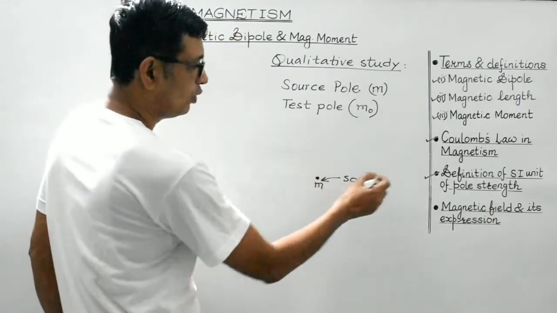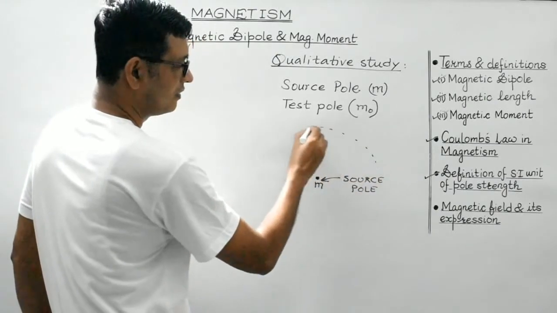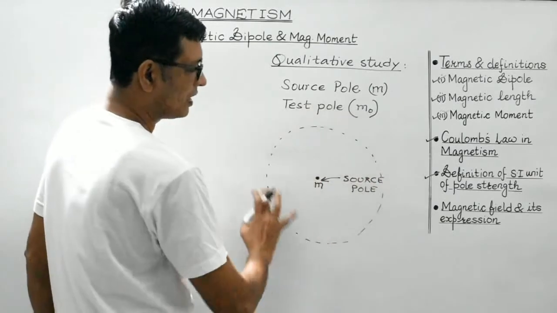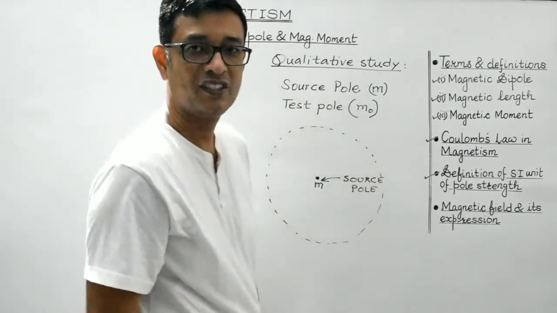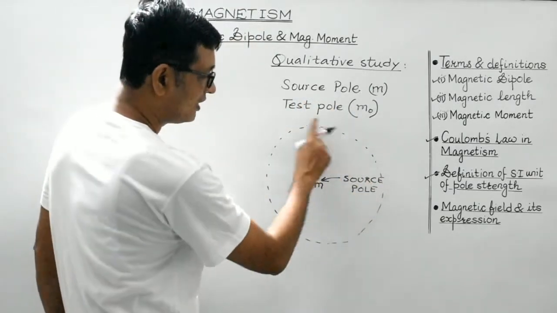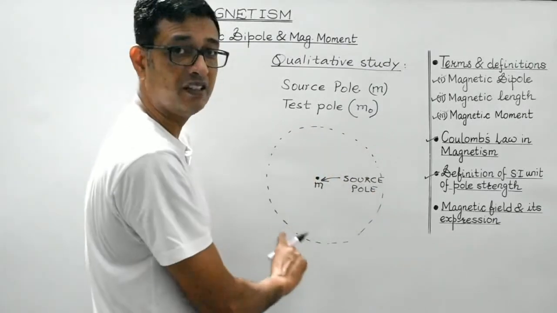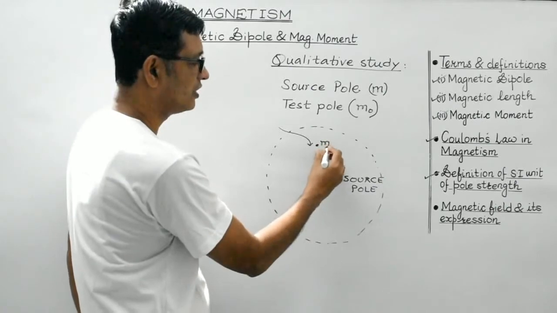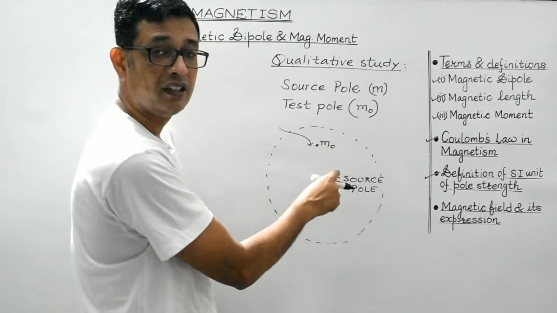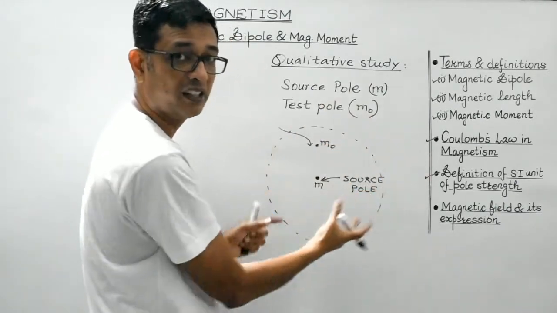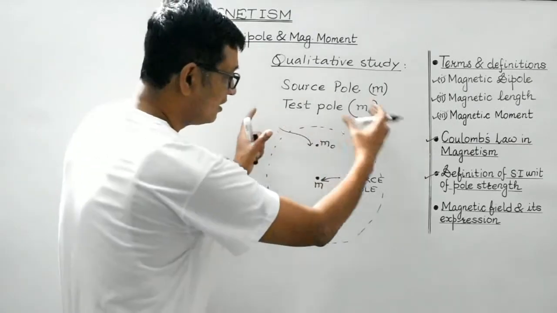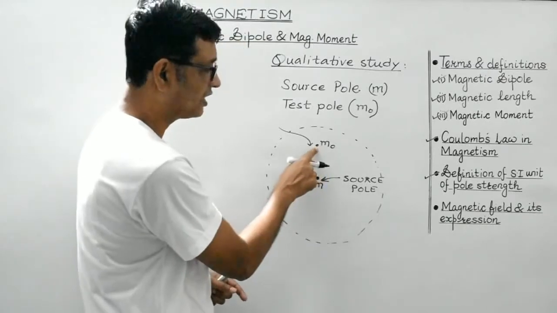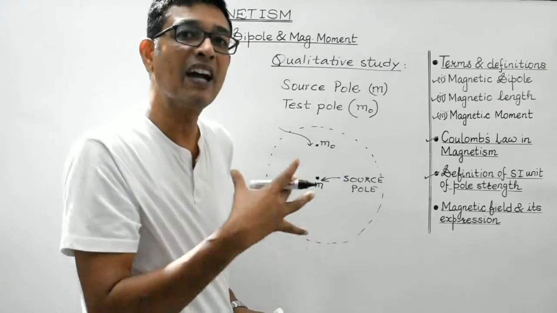Now the source pole will modify its surrounding. It will tend to modify its surrounding. This may be considered to be its sphere of influence. So the source pole will tend to modify its surrounding in such a manner that if a test pole is brought near its vicinity, within its sphere of influence, then this test pole will experience a magnetic force.